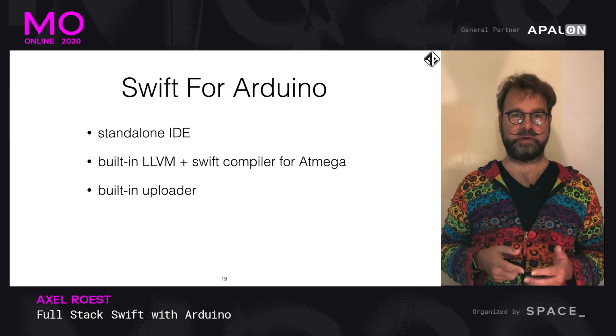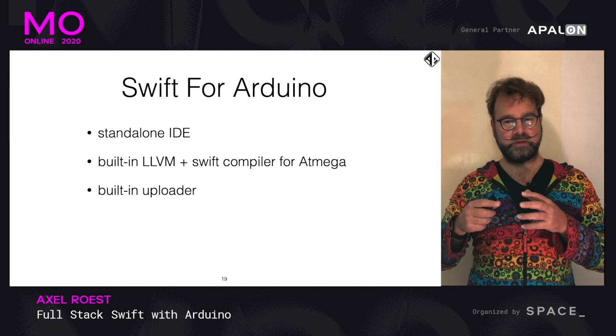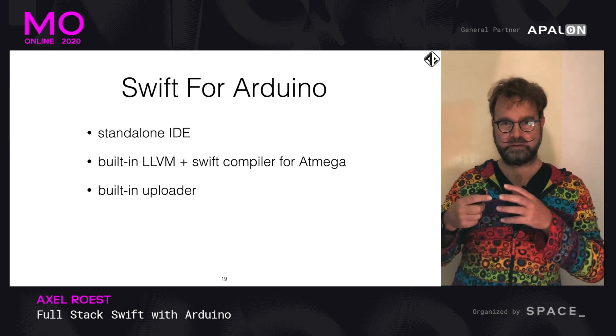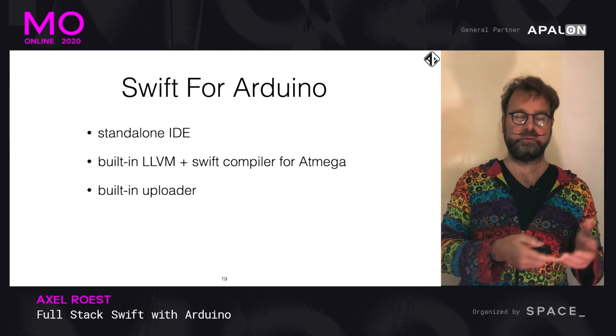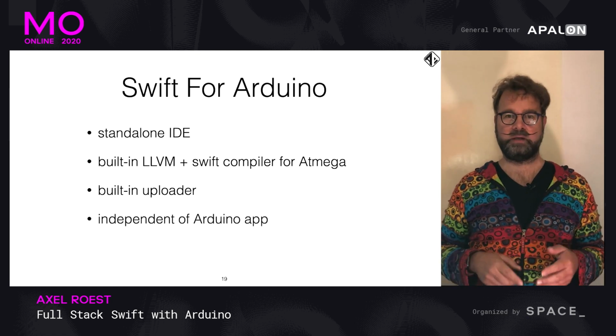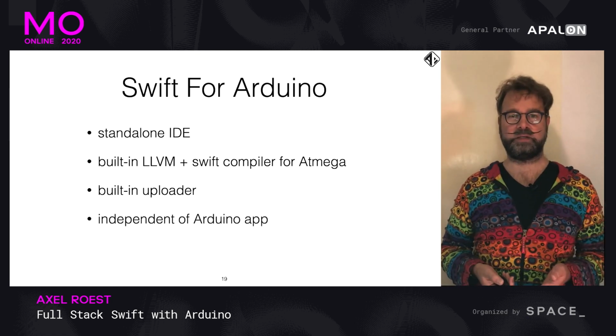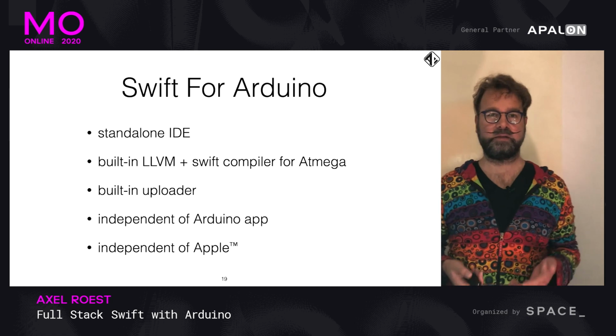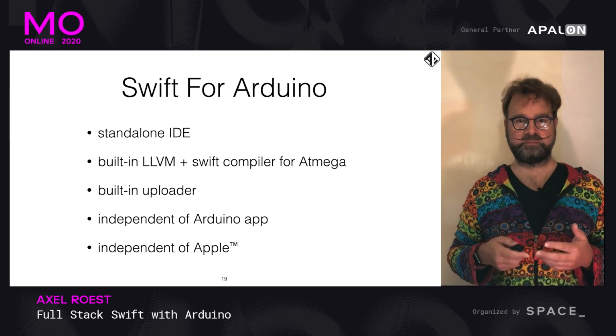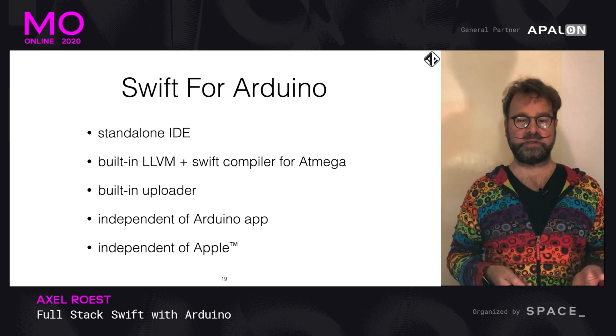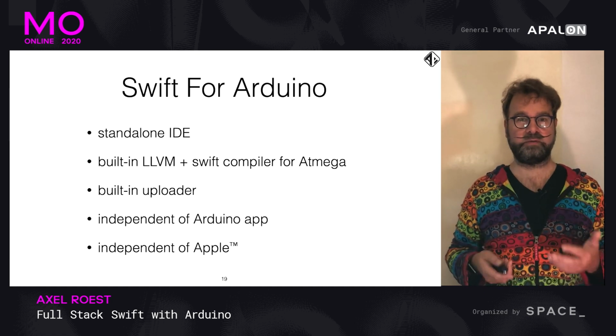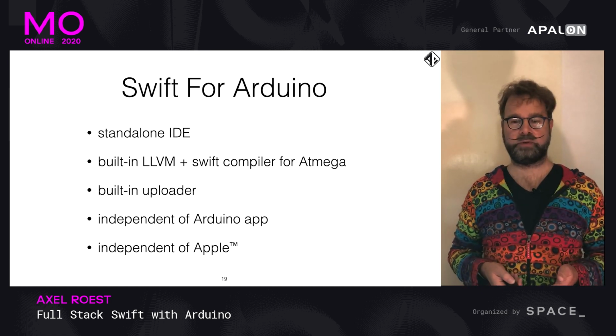It has a built-in uploader, so you can directly upload the binary that you compiled to your Arduino device. It is independent of the Arduino application, and it is also independent of Apple. So the nice thing now is that libraries can also be in Swift, and you don't have to write them in C++ anymore.